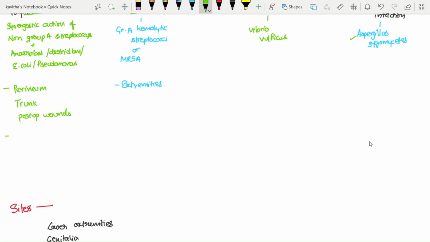Type 1 is seen in diabetics and immunosuppressed individuals. Whereas type 2 is seen in young patients without any comorbidities.